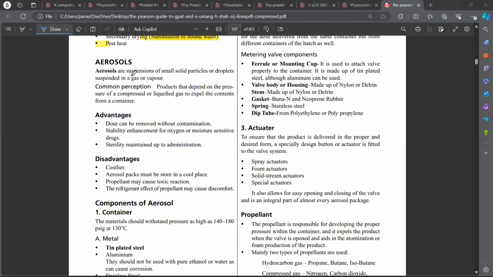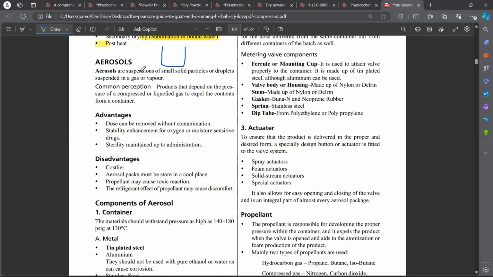Aerosols are nothing but pressurized dosage forms, which means it consists of a container in which the drug is suspended or dispersed under pressure. The drug can be dissolved, dispersed, suspended or compressed in a liquefied gas.